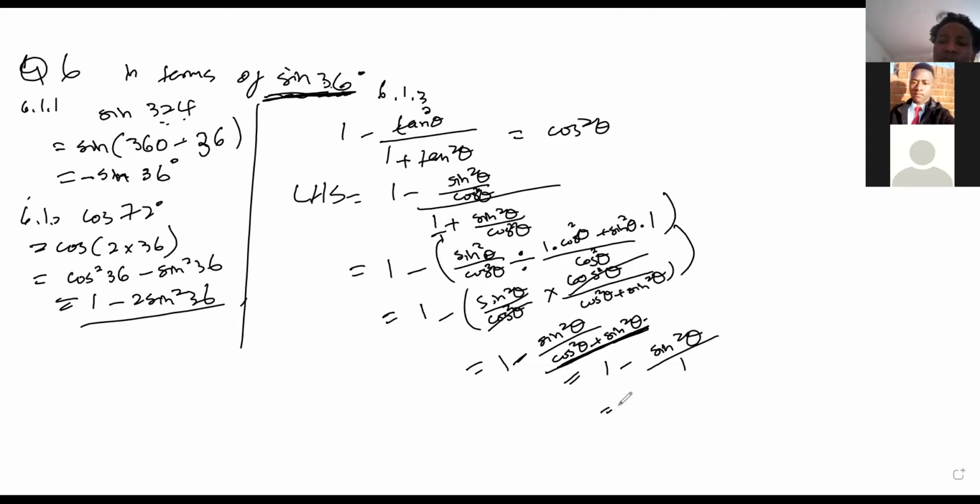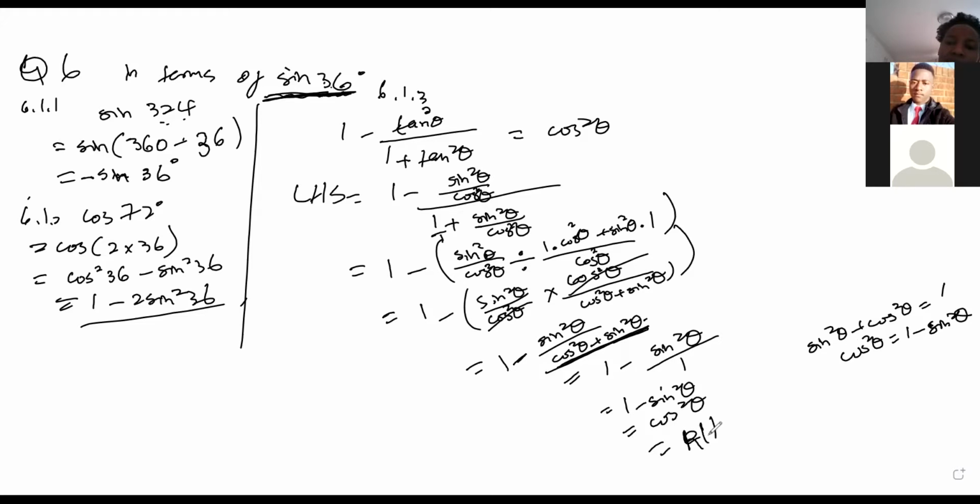So we are left with 1 minus sine squared theta, and from the very same identity, cos squared theta is 1 minus sine squared theta. That means here we've got cos squared theta, and you see this is your right-hand side. So that identity is proven. Okay, so that's that. Then 6.3.